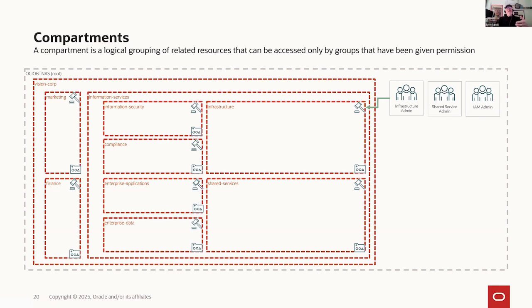It's similar, only instead of being directories, they're actually logical groupings of related resources inside the data center. In addition, not just the data center, inside your tenancy. And what that means is actually global. So if you set up something in Ashburn, there's a mirror of that set up in Frankfurt.